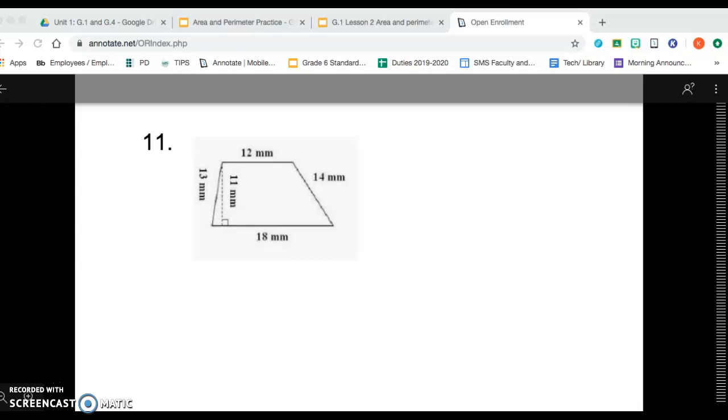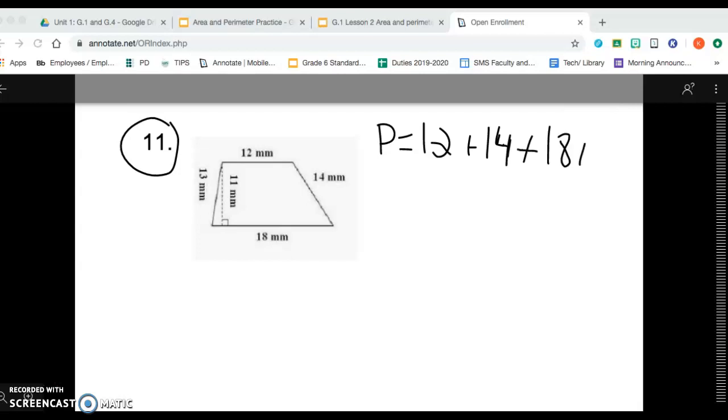Okay, continuing on, this will be number 11. We're going to find the perimeter and the area. For perimeter, remember, we're just going to add the outside. So we're going to have 12 plus 14 plus 18 plus 13.